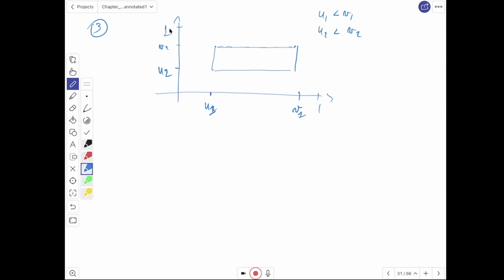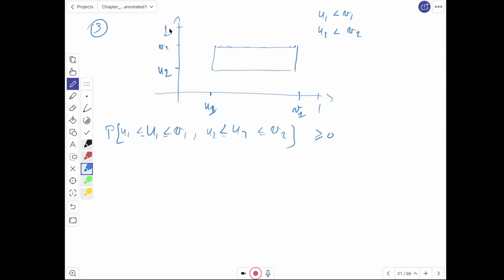Then I know that this probability here, the probability that my first component is somewhere in between U1 and V1, my second component is somewhere in U2 and V2, right? This probability should be 0 or strictly positive, right?